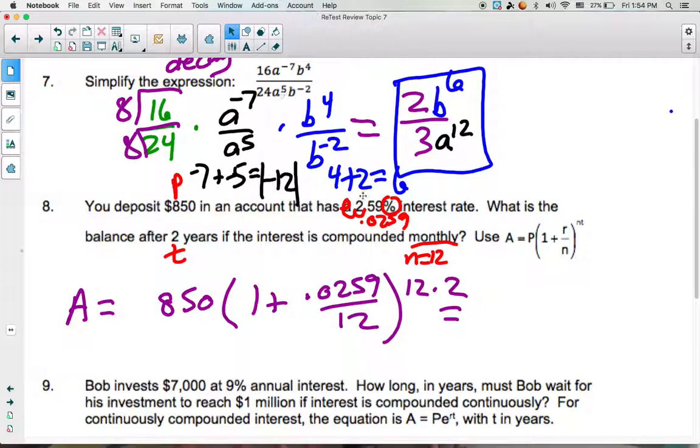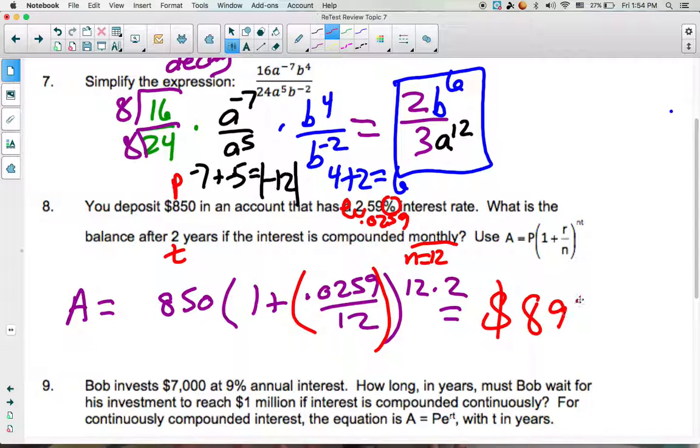So let's see what we can do here. Let's see if my calculator is handy. It is not. Now, if you're going to type this in the calculator, I would recommend that you put another set of parentheses around this fraction. And when you calculate it, you will get the value of $895.14. So you start out with $850, now you have $895.14.